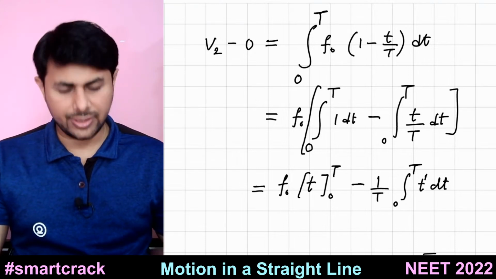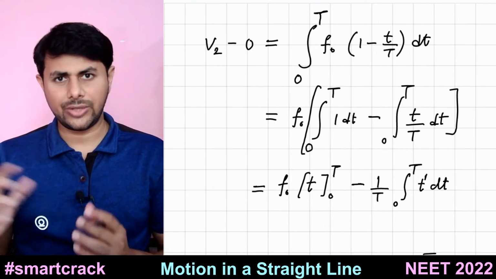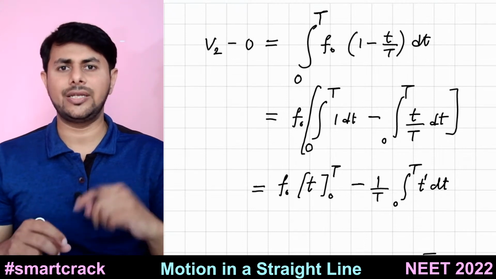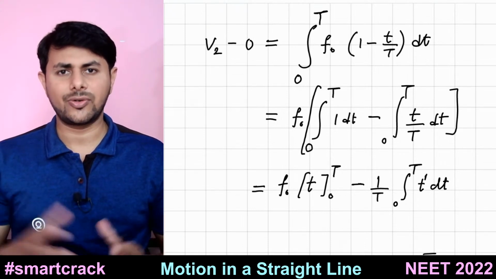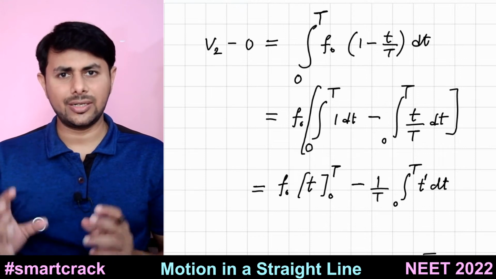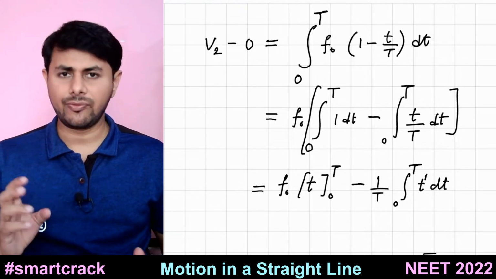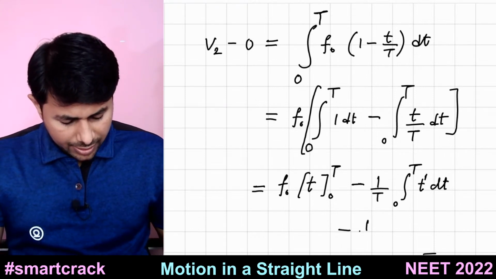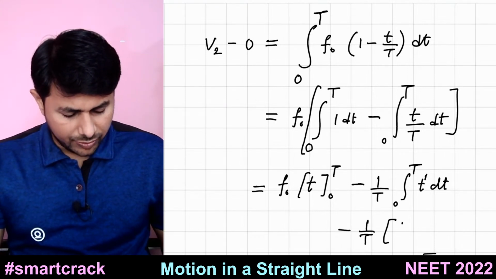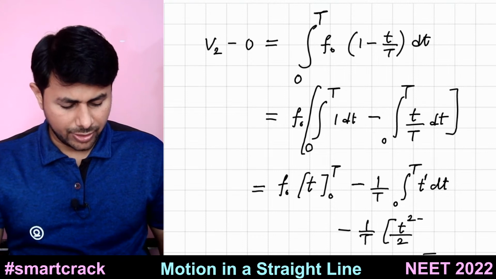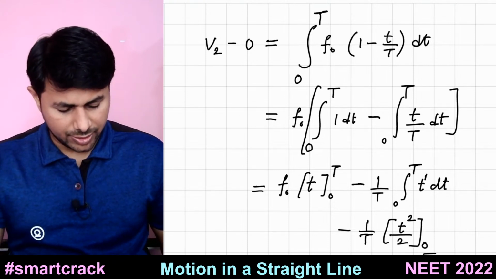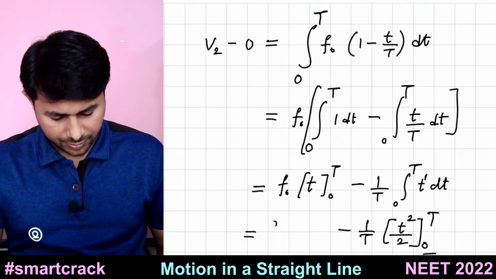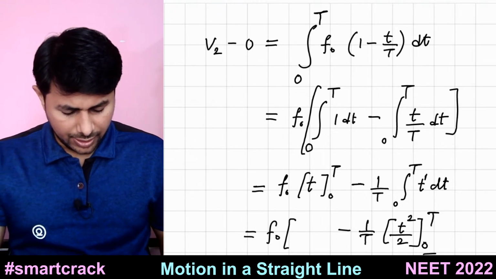It is integral of t raised to 1 dt, and we have seen that integral of t raised to n dt is t raised to n plus 1 divided by n plus 1. Here the value of n is equal to 1. So it is t raised to 1 plus 1, that's t squared upon 2, and the limits are from 0 to capital T.